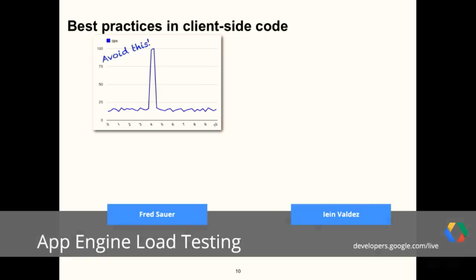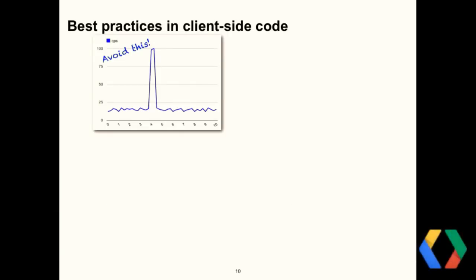So a couple more best practices, and this is particularly geared towards those of you that are mobile developers out there, because you have clients, mobile devices, that are running your software. So maybe you've written an Android app, and these applications are under your control. And you can program them to call home, to request data from your application.